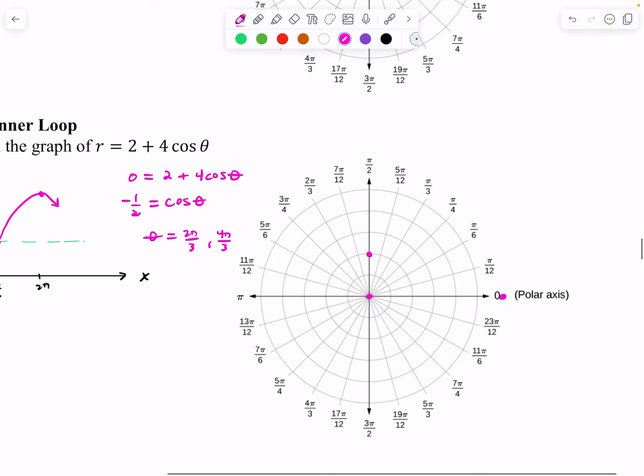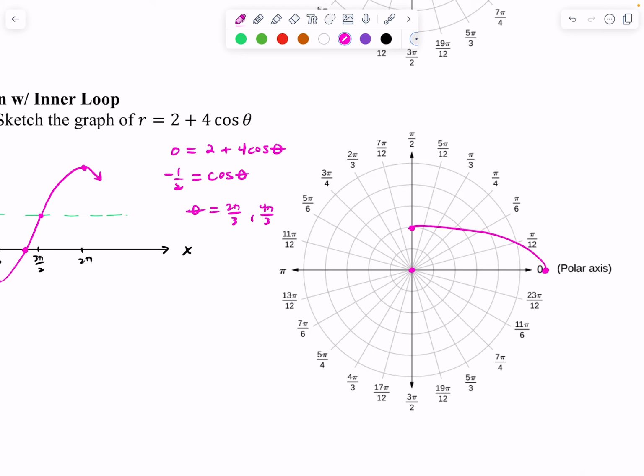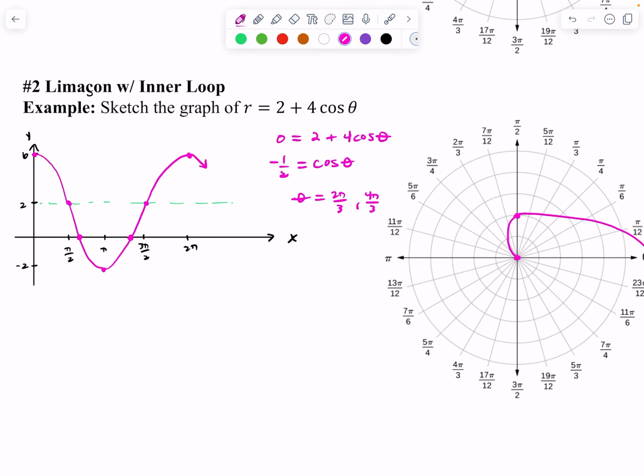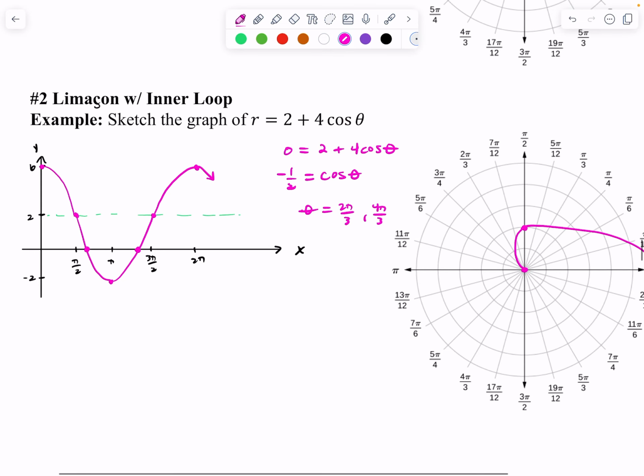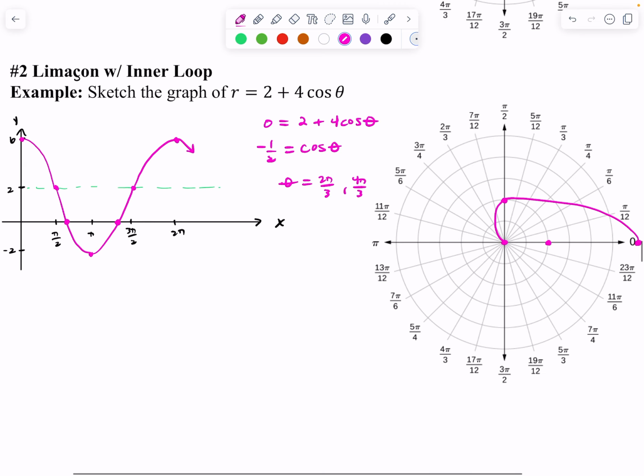Right now the graph is coming around here. r was positive before it hit 2 pi over 3, so it would kind of come up here. And then at pi, r would be negative 2. So that means we're going 2 rings towards 0. And to the left of pi, the angles before pi, r was also negative. So what's happening is this loop is created.